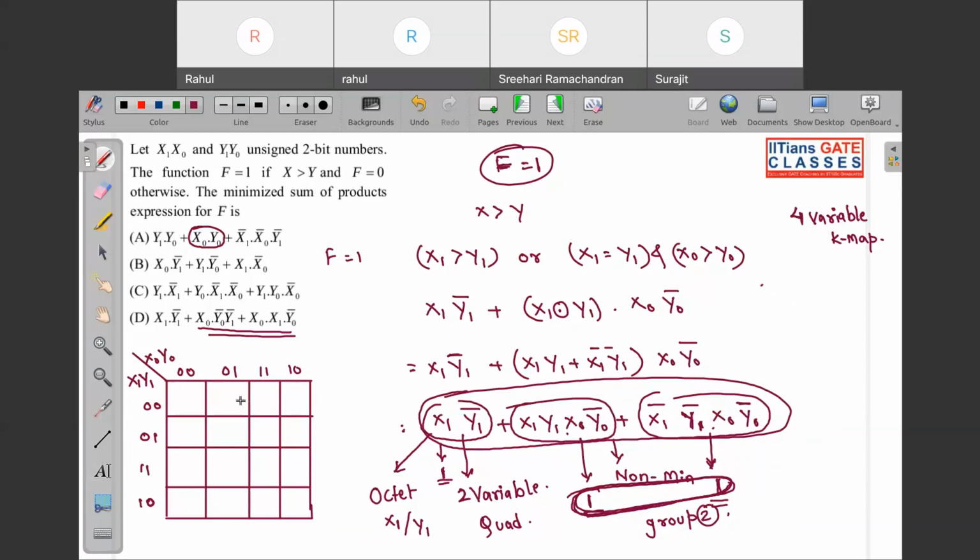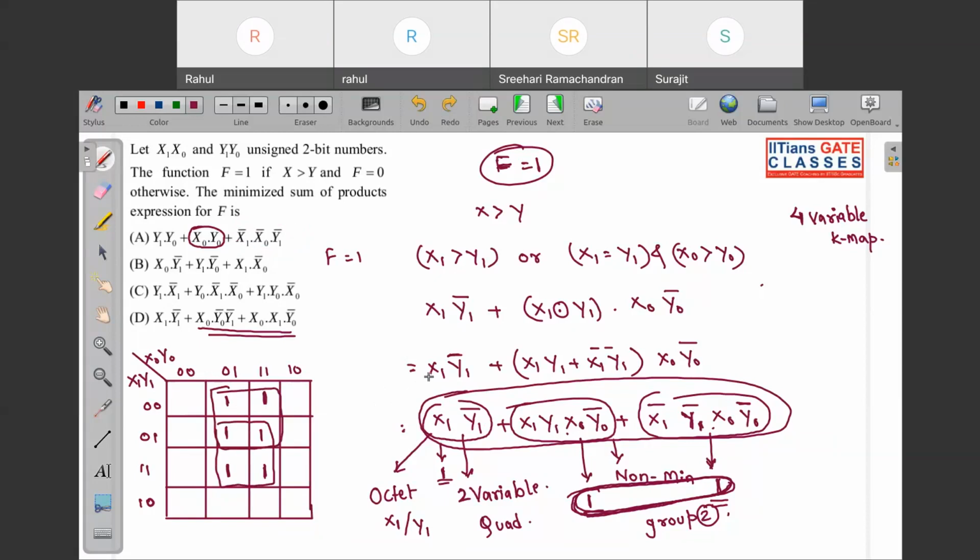See, already I have a K map over here. If I assume that this is the quad due to this x1 y1, and now I take these 2 minterms, x1 y1 x0 y0 and x1 bar y1 not x0 y0, if these 2 make a quad at one position somewhere like this, this will be one quad and this will be another quad. So then why is this term present? So this is already wrong.